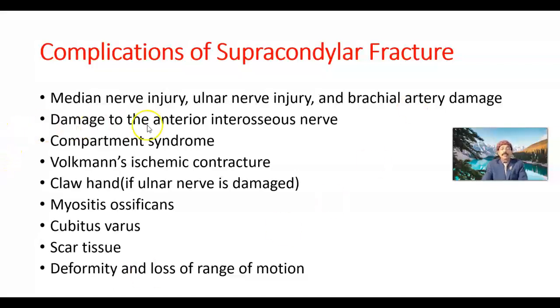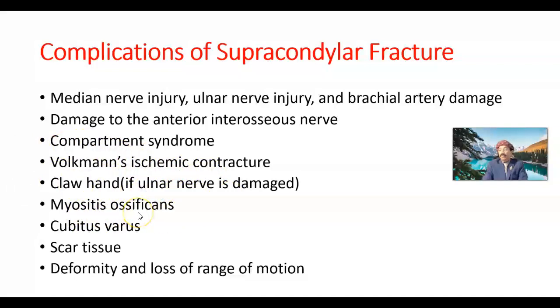Damage to the anterior interosseous nerve, compartment syndrome. There may be collection of fluid in the anterior compartment of the forearm. So a lot of surgeons make a longitudinal incision to free that compartment from the over collection of fluid. Volkmann ischemic contracture, as we have seen, claw hand if the ulnar nerve is damaged.